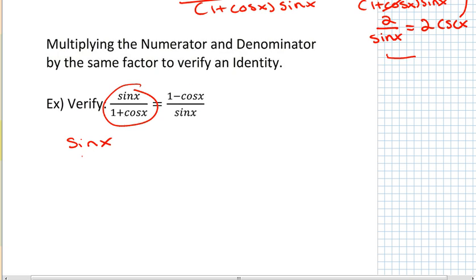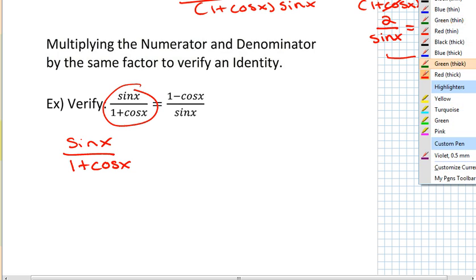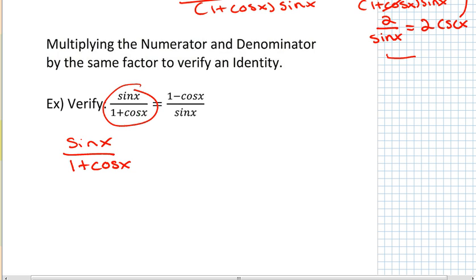So I'll work with sine x over 1 plus cosine x. And what I'm going to do here is multiply, since the denominator is 1 plus cosine x, we're just going to multiply by the conjugate. And remember, notice how on top it's 1 minus cosine x. So we're going to multiply top and bottom here by 1 minus cosine x.